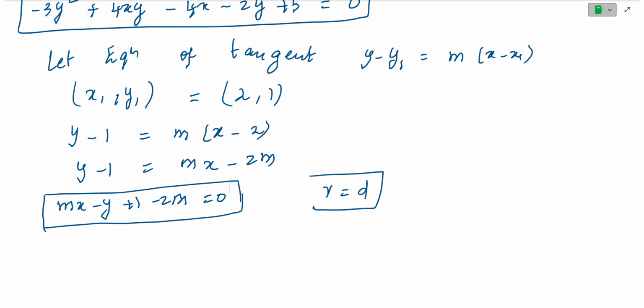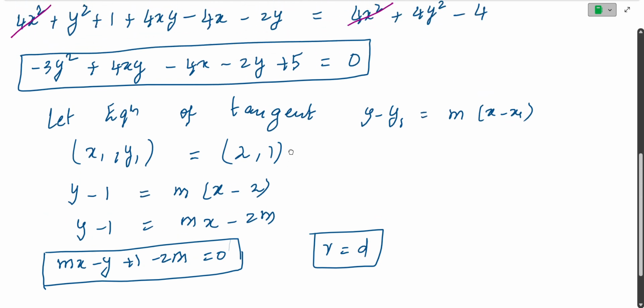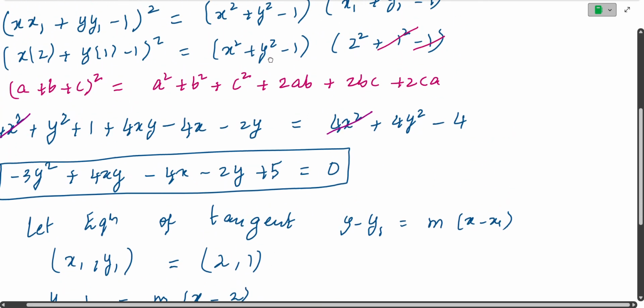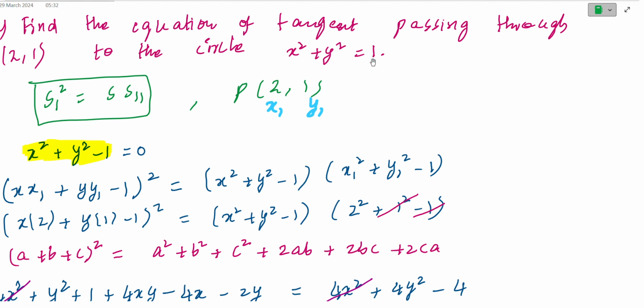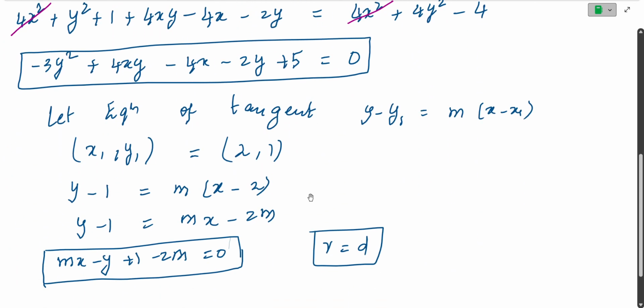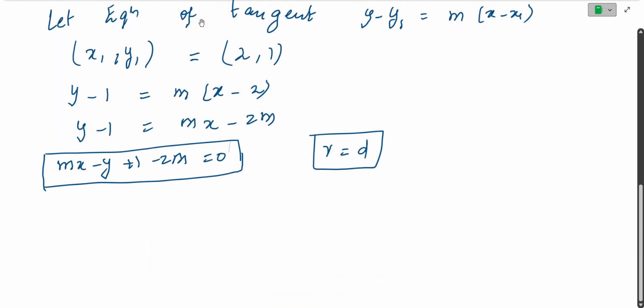So this is the condition I am going to apply. The distance is from the center of the circle. As we observe here, the equation of the circle is x square plus y square is equal to 1. It is in the format of x square plus y square is equal to r square. So the radius of the circle is r is equal to 1.